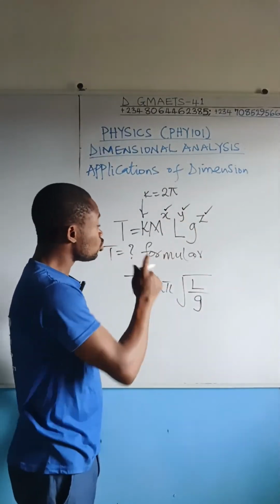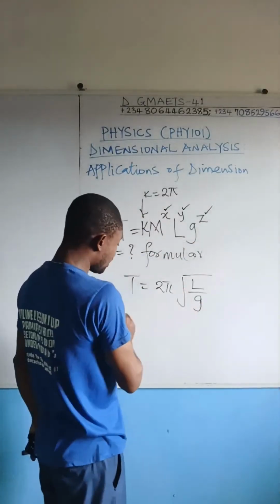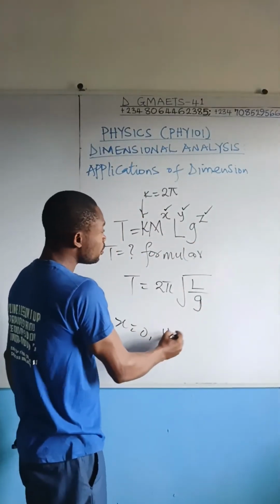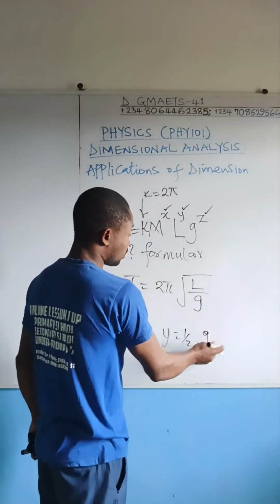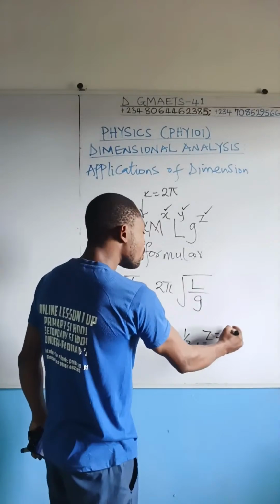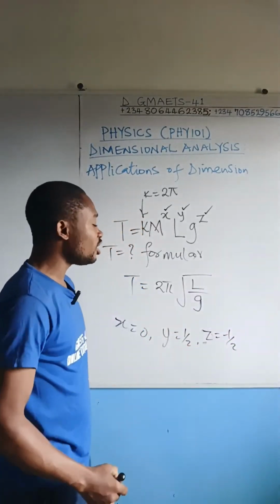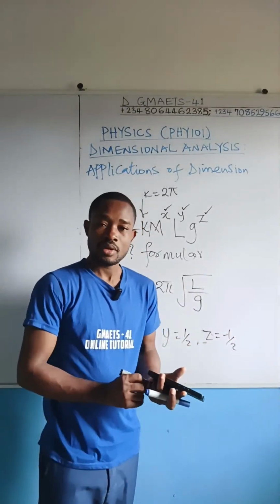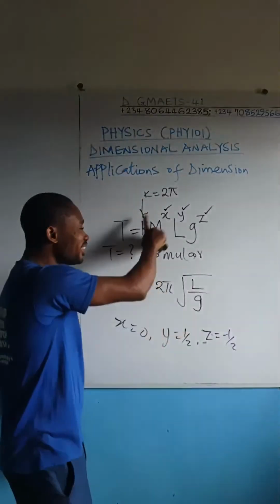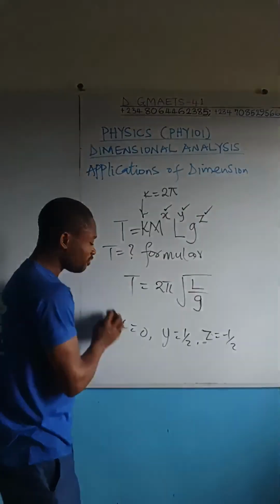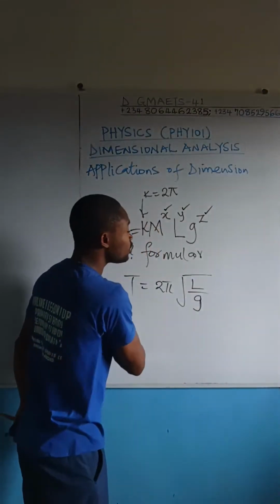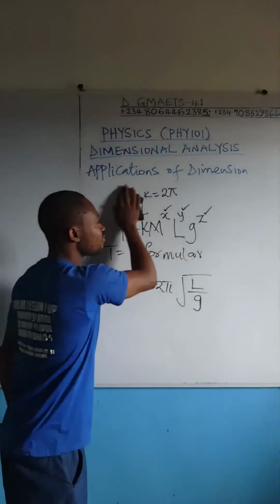If you do it, x will be equal to 0, y will be equal to half, and z will be equal to minus half. Once you substitute and work it out, you get this formula. The knowledge of dimensional analysis is used to derive a formula.